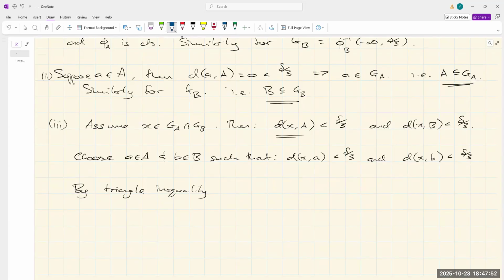So, this step might not be that obvious.